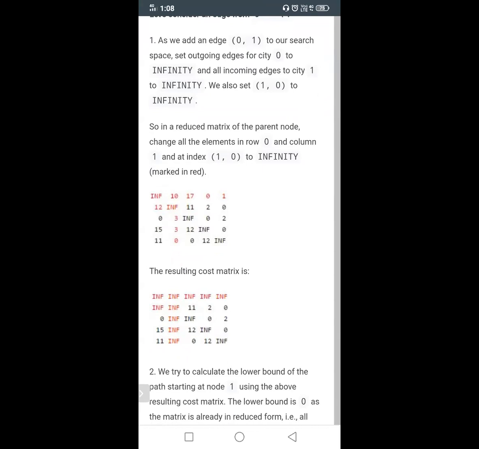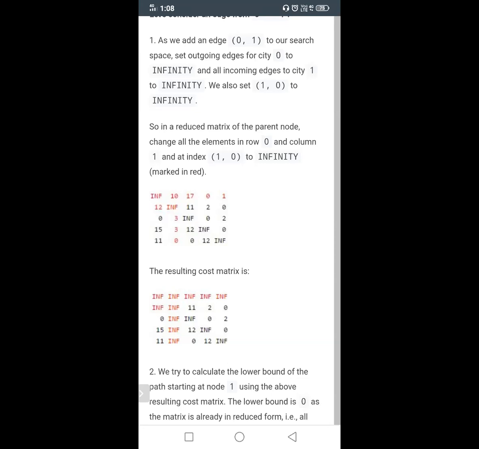What we have to do is just add the edge 0, comma 1 to our set space. So the outgoing edge for 0 to infinity, and all incoming edges to city 1 to infinity, and also set 1, 0 to infinity.